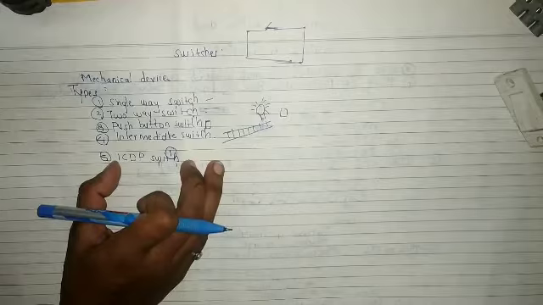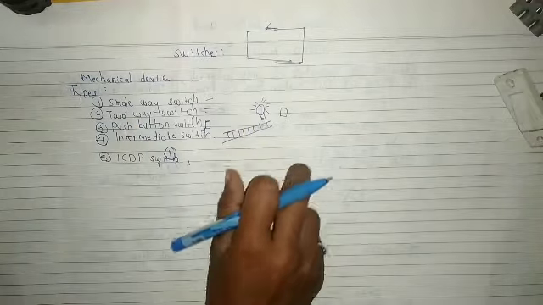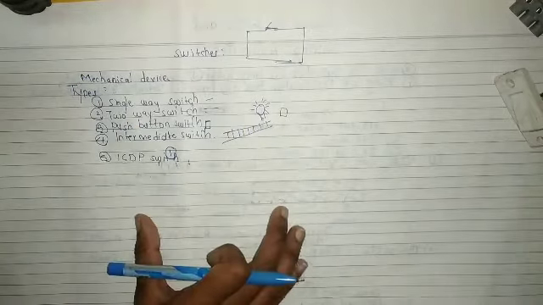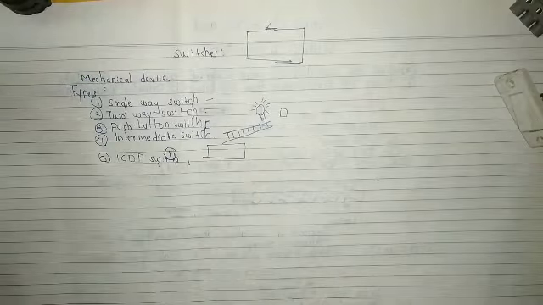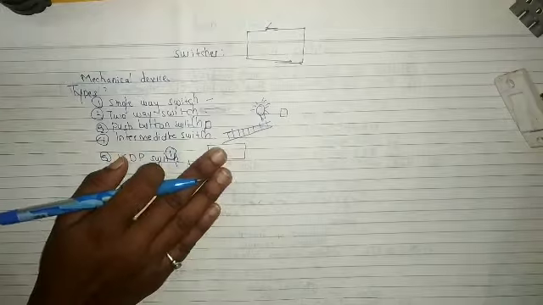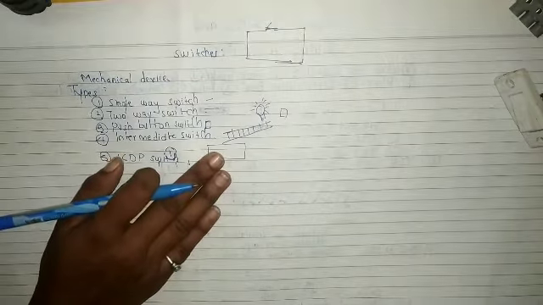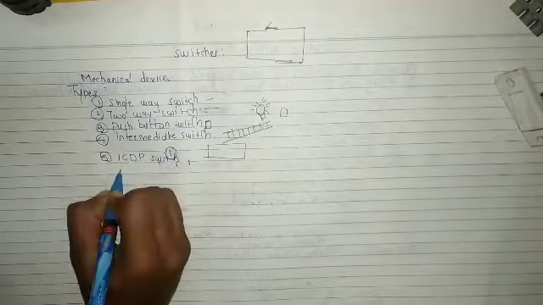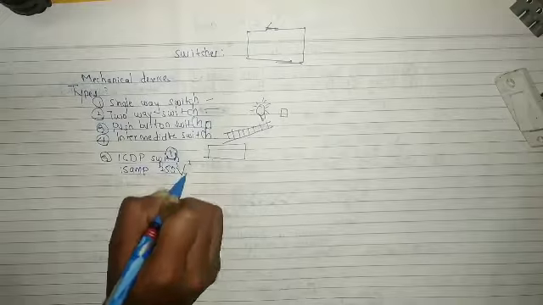This ICDP switch is combined with fuse and is used as a main switch so that we consumers can have the self control of the electric circuit. Its rating is usually 15 ampere to 50 volt.